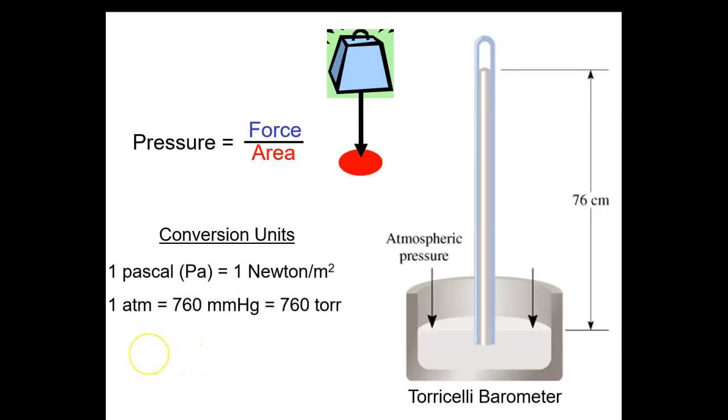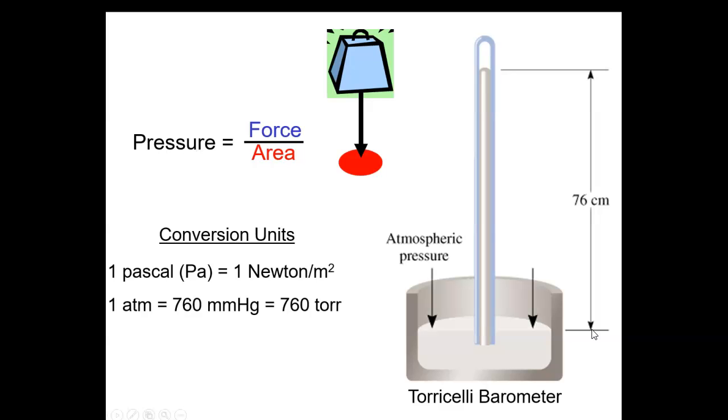An atmosphere is defined as 760 millimeters of mercury column in a Torricelli barometer like the one you see diagrammed here. At 1 atmosphere, the pressure on this well of the element mercury forces mercury into a vacuum tube, into an empty tube, to a height of 76 centimeters or 760 millimeters.